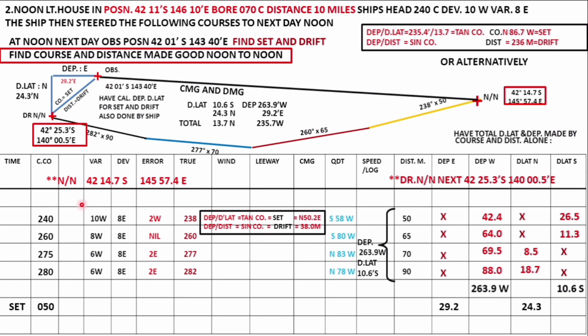So you just have to get rid of the first course, which was this bearing, and add the set and drift, which you have already calculated anyway. You're not doing any additional calculation, just adding it up here. And then again using this formula, you will get your course made good and distance made good.